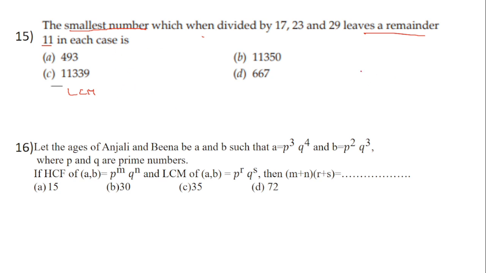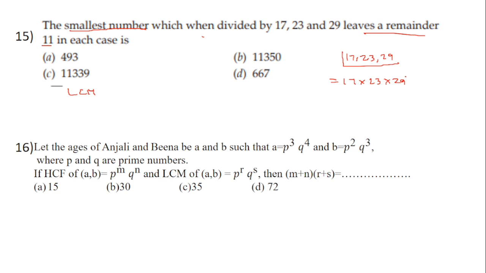So we will find the LCM by using the long division method. 17, 23, 29 are prime numbers, so their LCM will be their product. So the LCM will be 17 into 23 into 29. Why? Because all three are prime numbers.